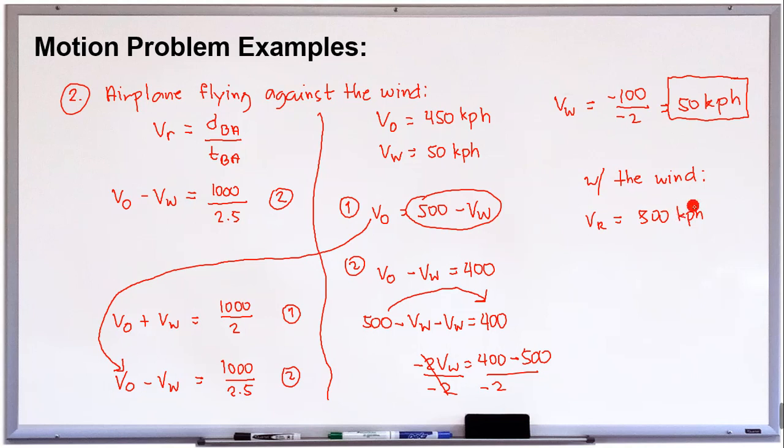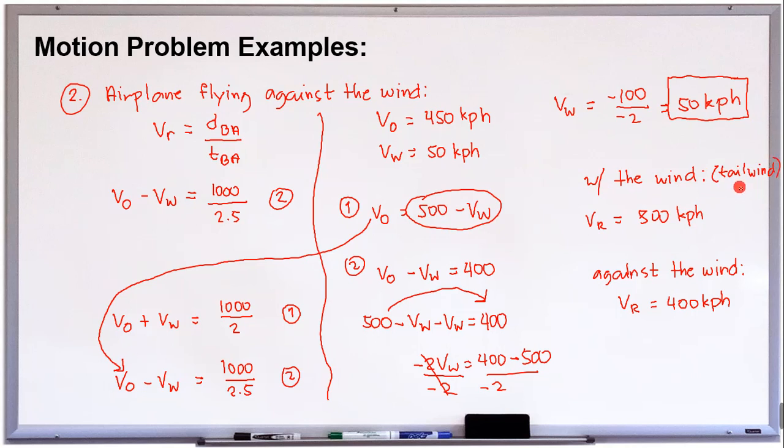If we fly against the wind, the resulting velocity of the plane is only 400 kilometers per hour. So there is a reduction from its absolute velocity of 450. Unlike if we travel with the tailwind, we call this the tailwind from the word tail.